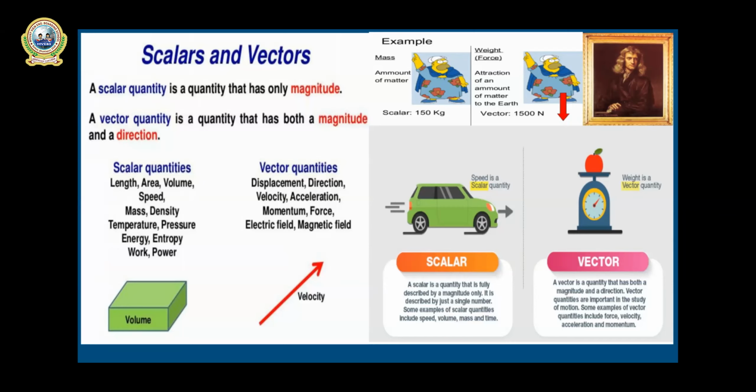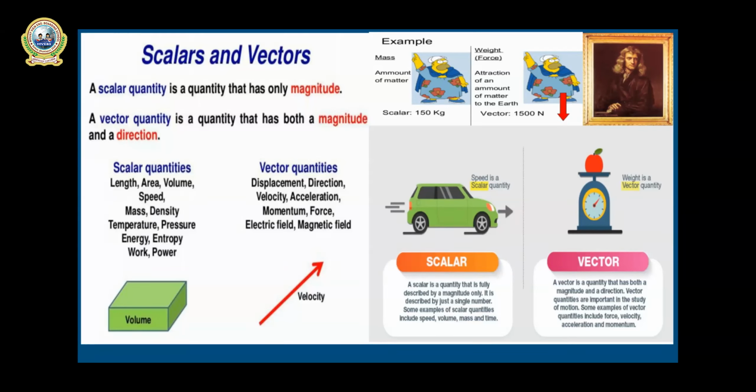Since displacement is a vector quantity, velocity is also a vector, and since acceleration depends on velocity, acceleration is also a vector quantity. Momentum is the product of mass and velocity. If you know both the mass and velocity of a moving body, you can find its momentum. Since momentum also depends on velocity, it is also a vector quantity.